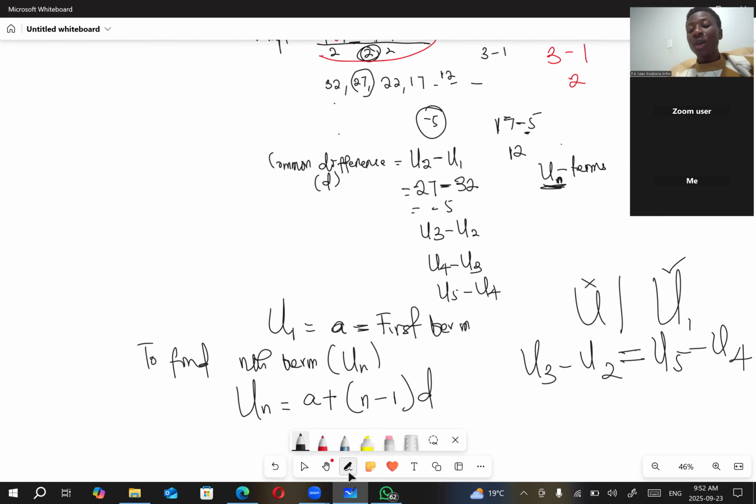Sometimes they'll give you a question where there are variables, and this concept alone can give you clues. Maybe the third term is 5 and the second term has a variable, maybe 4x plus 1. And the fifth term is a number, and the fourth term is also an expression with variables.